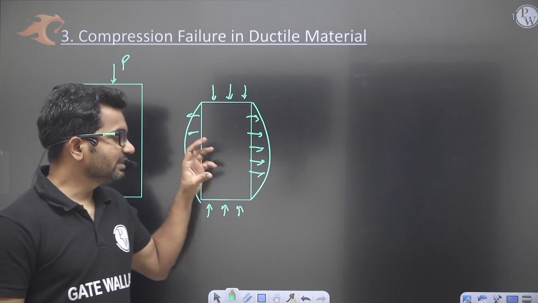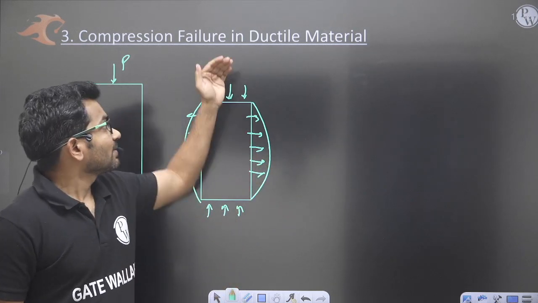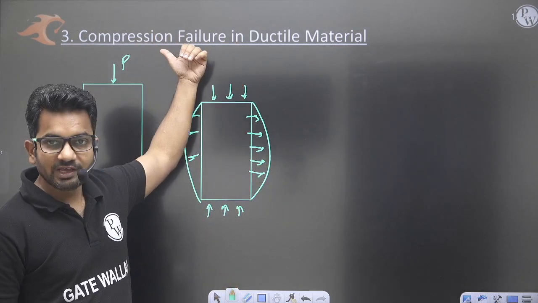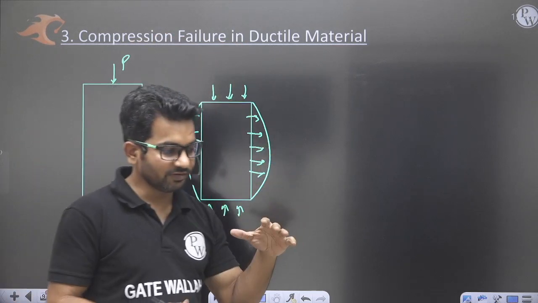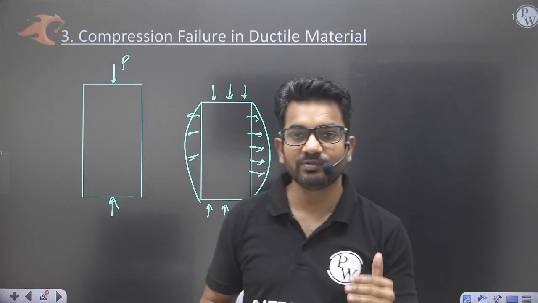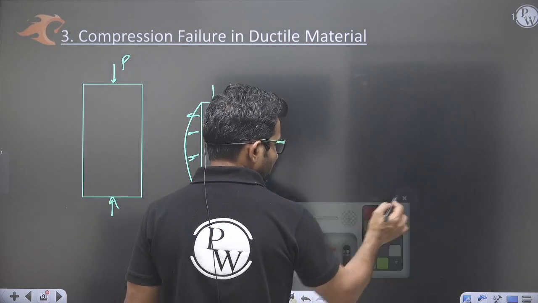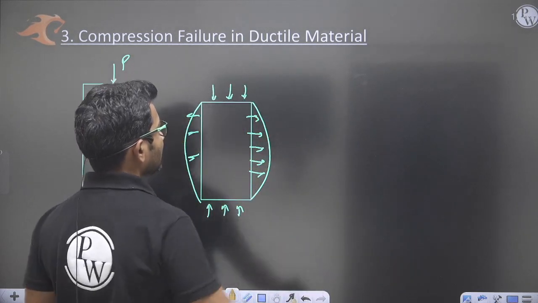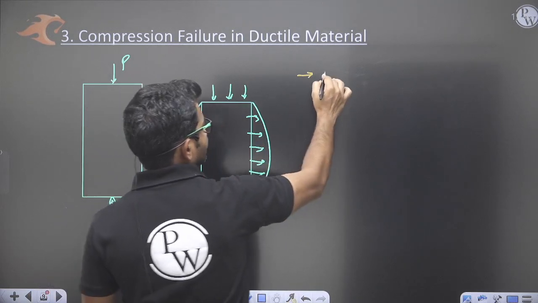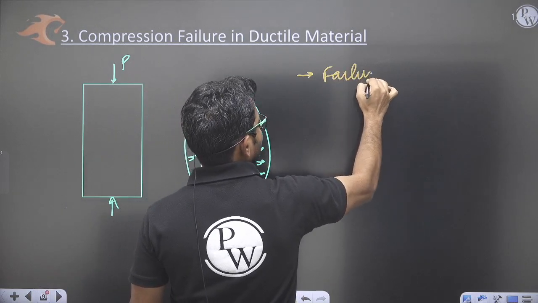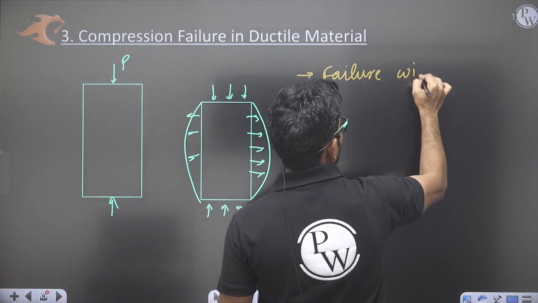Okay. So this failure will be because of yielding. In ductile material, while we are applying compression loading, there will be no fracture surface. This failure will be because of yielding of material or excessive deformation.